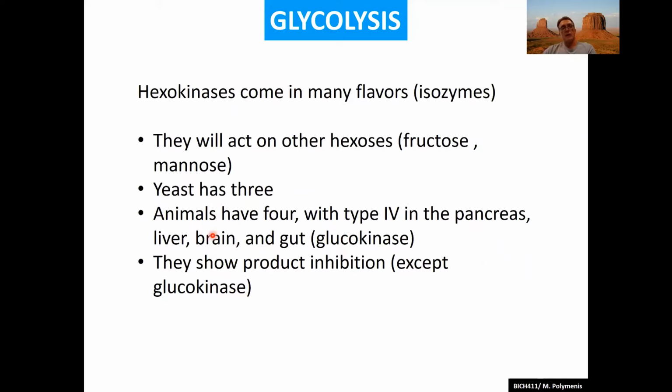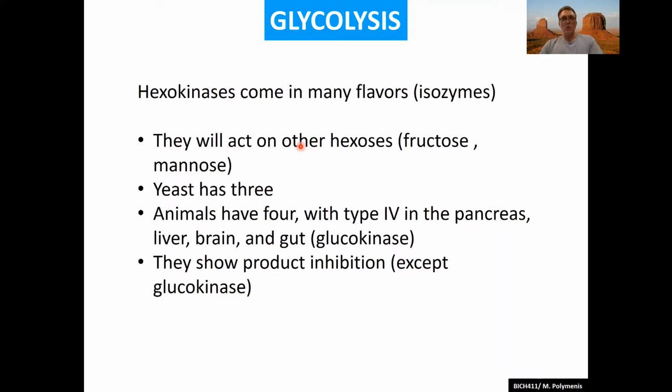Unlike hexokinases, which, as most enzymes do, eventually build up a lot of product, and the product will inhibit the enzyme. The reason is very obvious. Both the reactant and the product are normally found in the active site of every enzyme.